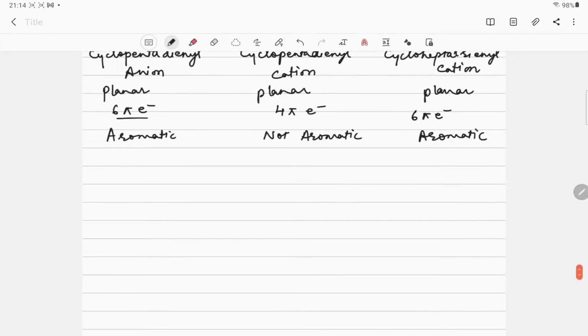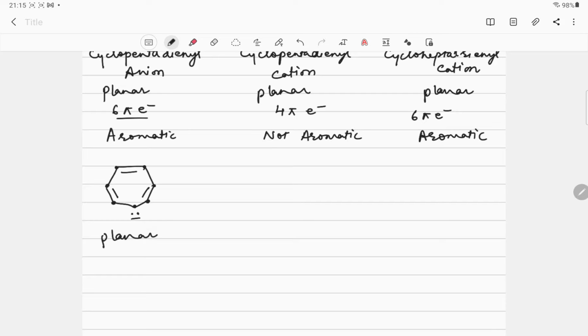But if I take cycloheptatrienyl anion, then how is it going to be? Say for example, it is like this. 7 carbon, double bond, double bond, double bond, and here is a pair of electrons present. Now, is it aromatic? We have to see. This is a planar molecule, no doubt in that.